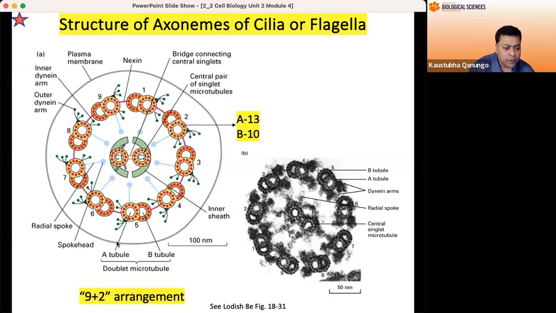Interestingly, we call this the A tubule and the B tubule doublet. The heads of the dynein bind to the next one and pull it towards themselves. Then these bind to the next and pull it towards them. This movement goes from one doublet across that entire structure. So when this part of the flagellum is contracting, it is bent, and this side is relaxed.